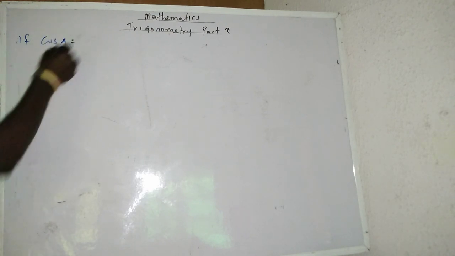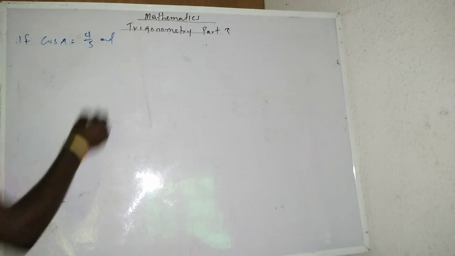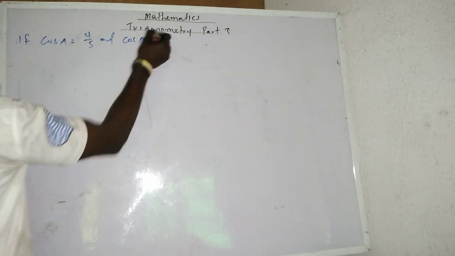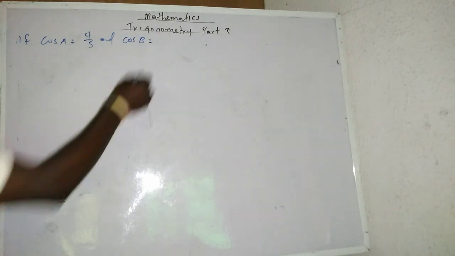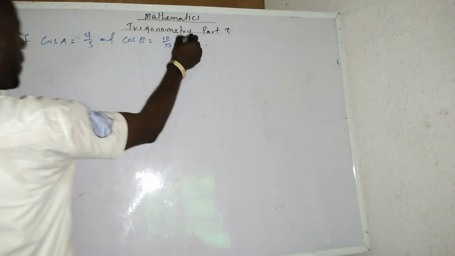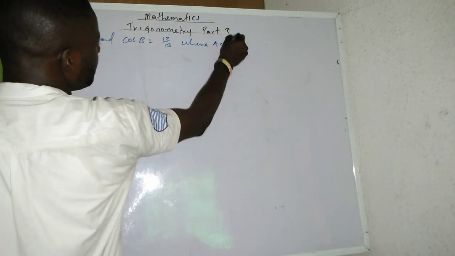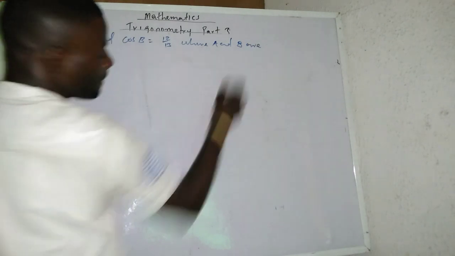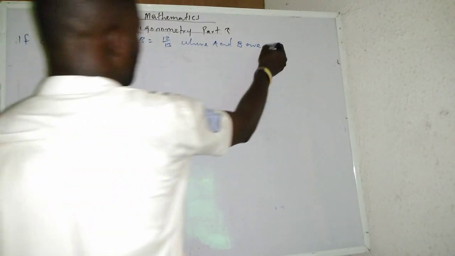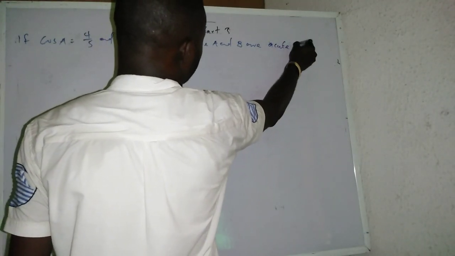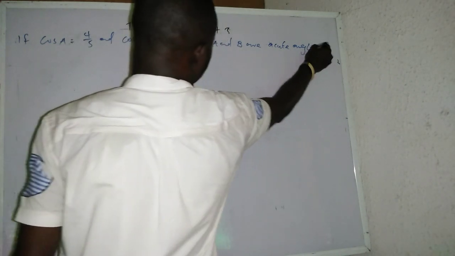Now, for instance, if cos A equals 4 all over 5 and cos B equals 12 all over 13, where A and B are acute angles.